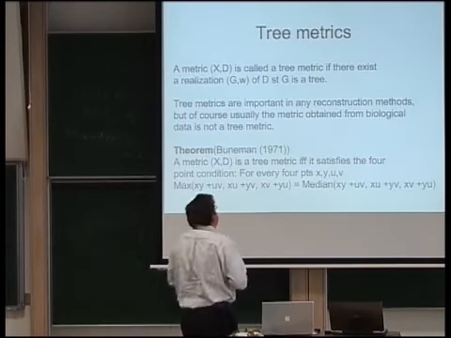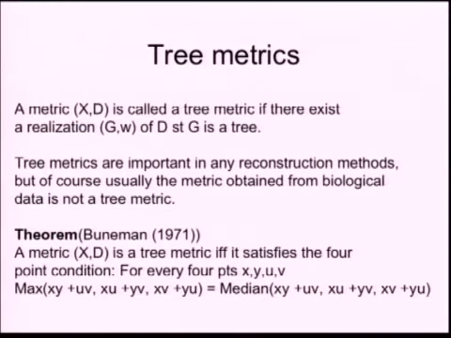So why do you want to look at optimal realizations? It is because of tree metrics. To construct a phylogenetic tree, you want to find a tree which approximates your distance as well as possible. And of course, if you start with a tree, then you want to find the tree back.